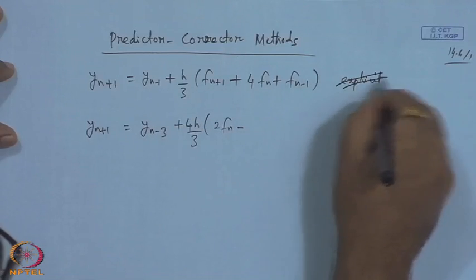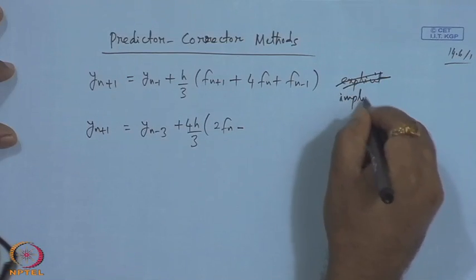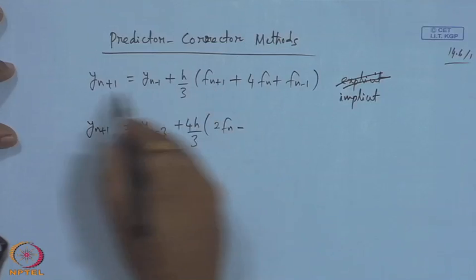Sorry, this is implicit because we have f n plus 1.